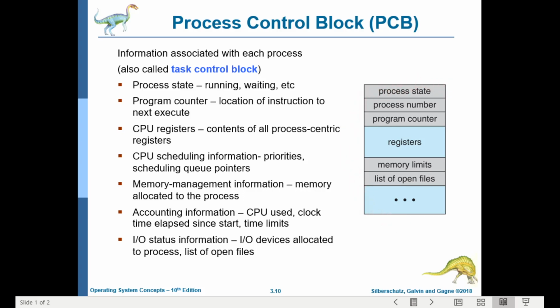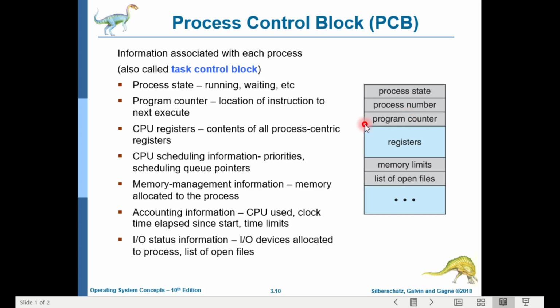Among the information represented in the PCB, first we have the process state, which refers to the previous section that we have discussed. Process number is a unique ID associated with the process. It will distinguish the process from all other processes.